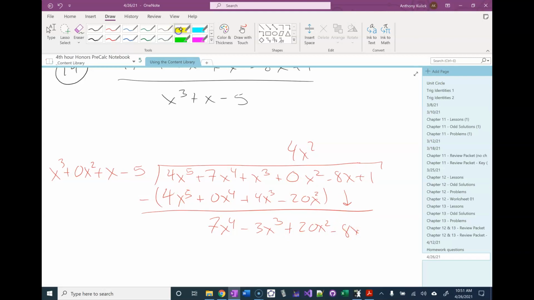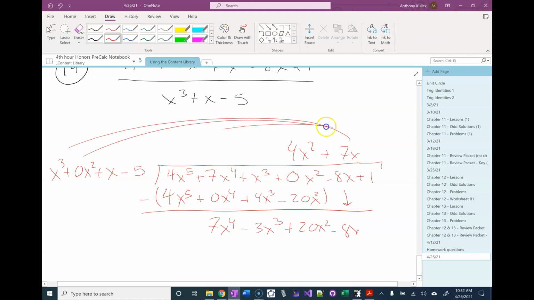And then repeat. What times x cubed gives me 7x to the fourth? 7x. Multiply that by everything: 7x to the fourth plus 0x to the third plus 7x squared minus 35x.